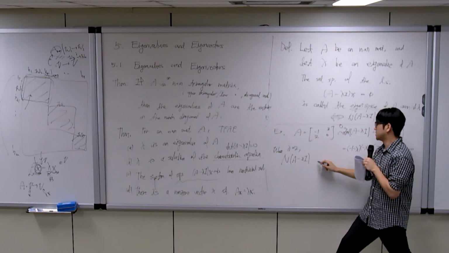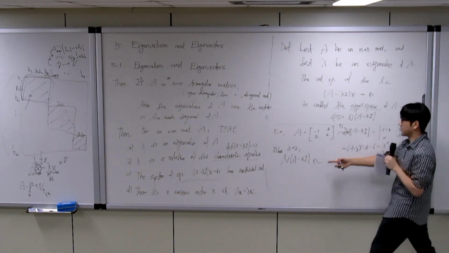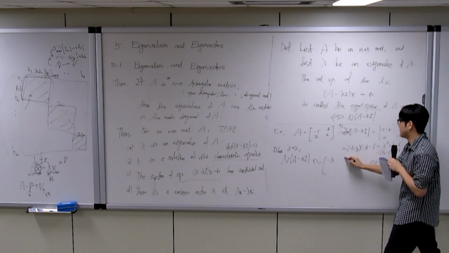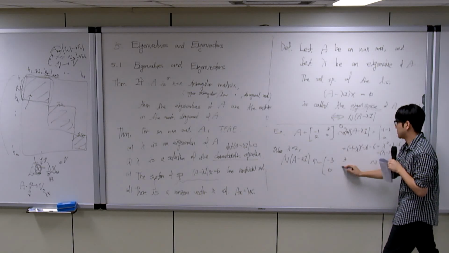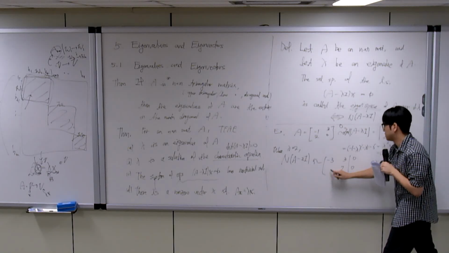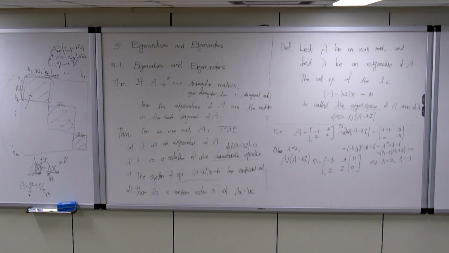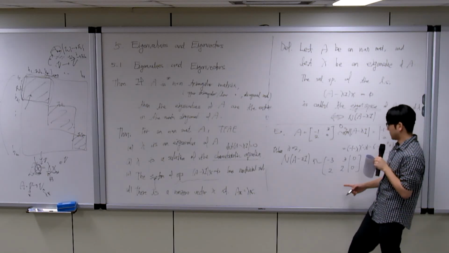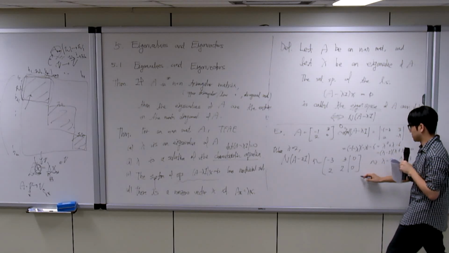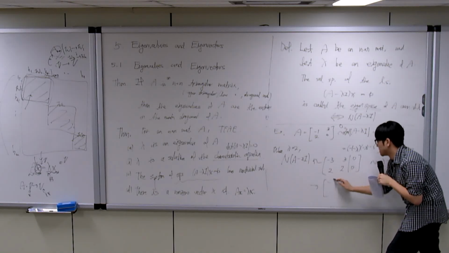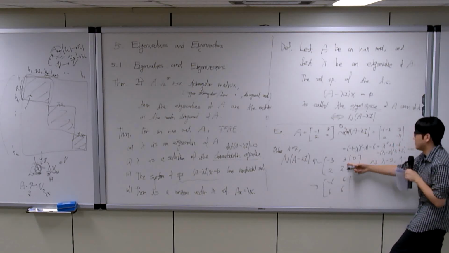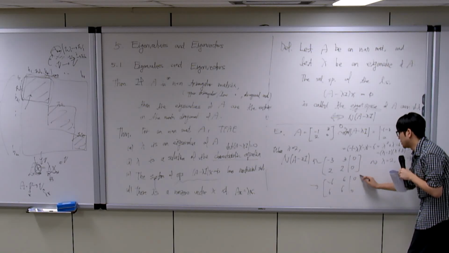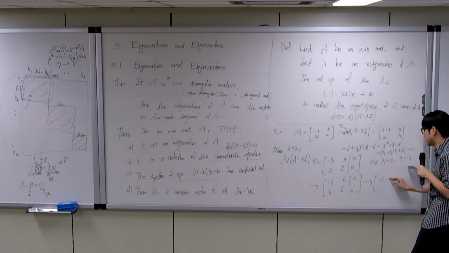The null space of A minus 2I will be obtained by calculating this linear system.